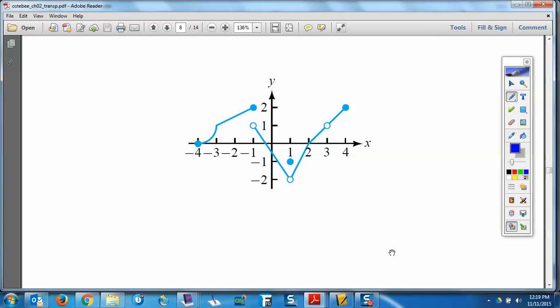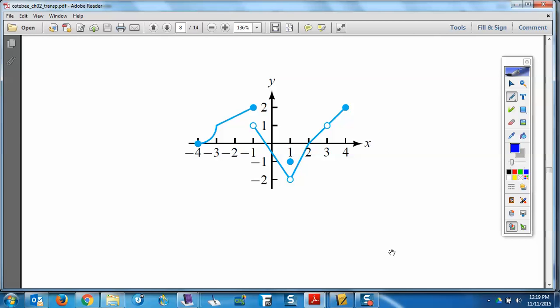What is the limit as x approaches -1? Does not exist. The two cars do not meet. Now they might ask you just what's the f value at -1? 2, right? And then they might ask you from the left and from the right.